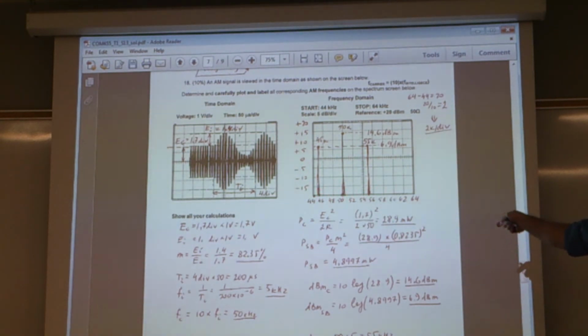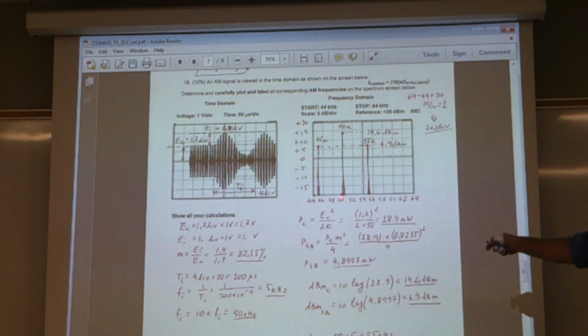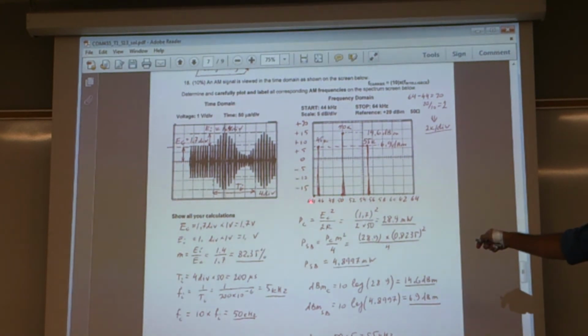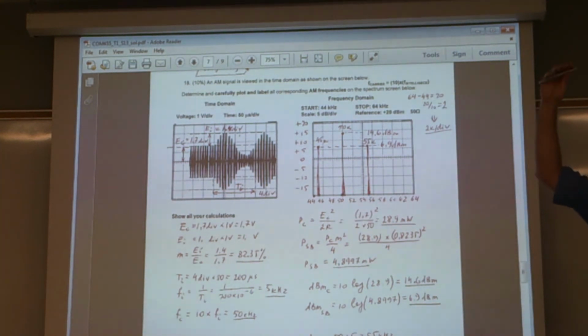Simple. Now I can place my 50K here, because I know my carrier. That's the position according to my scaling. 50k, then 50k plus 5k, 50k minus 5k. Done. Location is found.